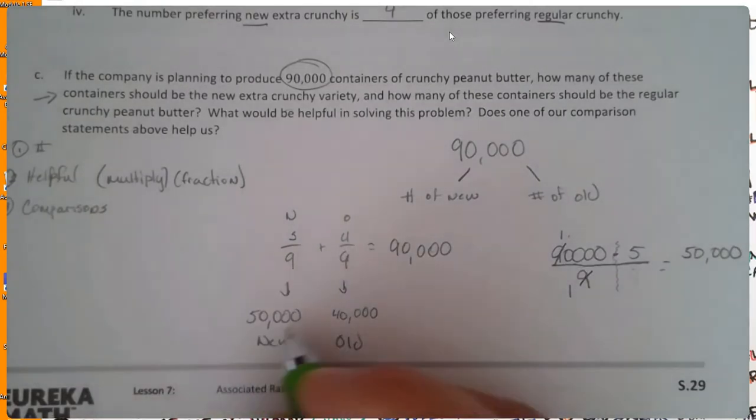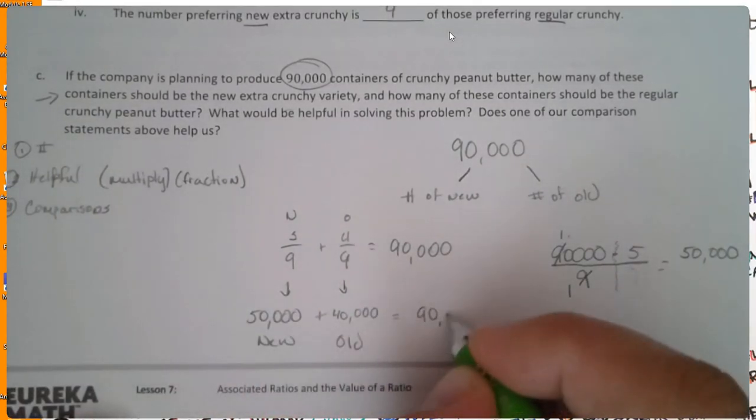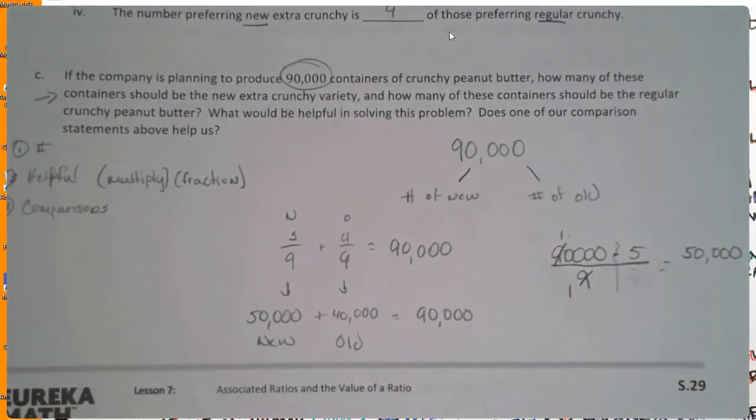So 50,000 containers plus 40,000 containers does equal 90,000 containers. I still maintain my comparison rates of 5 to 9 and 4 to 9. So everything checks. Alright, so that's one way of doing it.